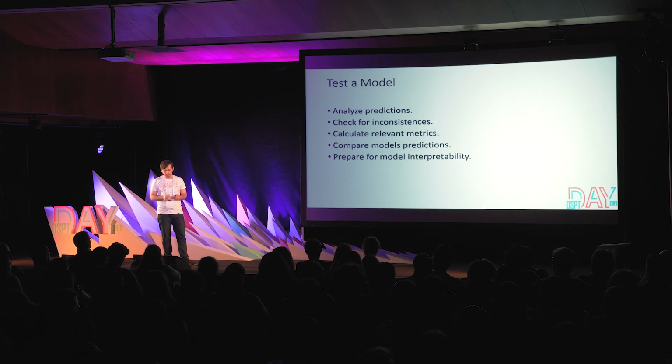Then the next step, autoML can test a model, analyze predictions, check for inconsistency in the predictions, and calculate the relevant metrics. More than one metric can be used to evaluate the performance of the autoML solution.